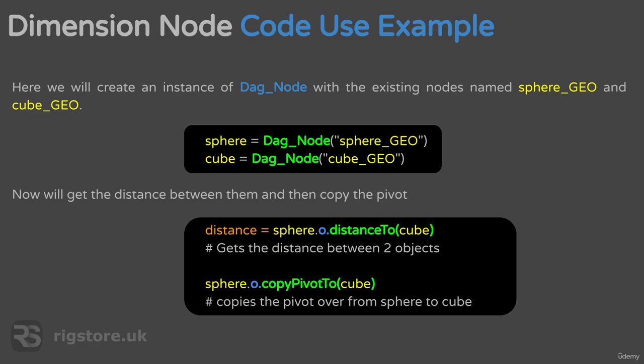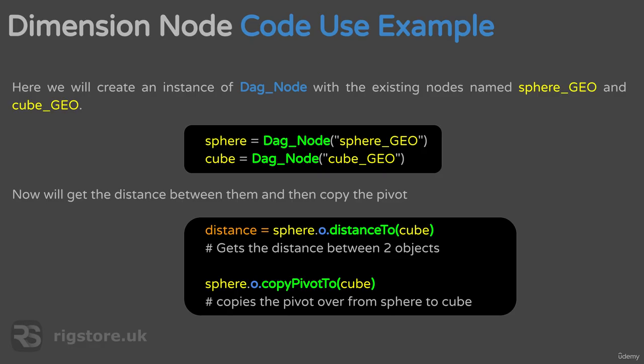So all we'll need to do is create the DAG objects, a sphere or cube, and then to get the distance between these, all we'll have to do is say sphere dot notation object dimension, and then dot distance to cube.